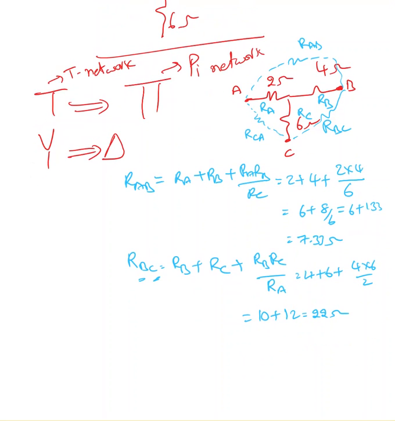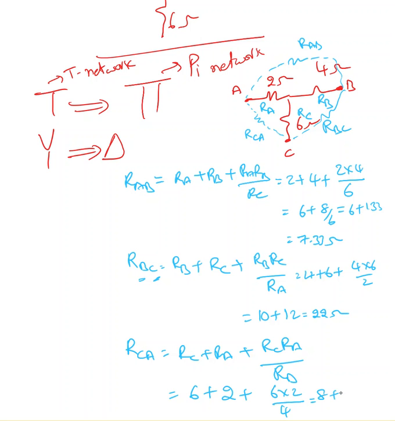Now RCA equals RC plus RA plus RC times RA over RB. I have RC equal to 6, RA equal to 2, plus 6 times 2 over 4, which is 8 plus 3, that is 11 ohm.